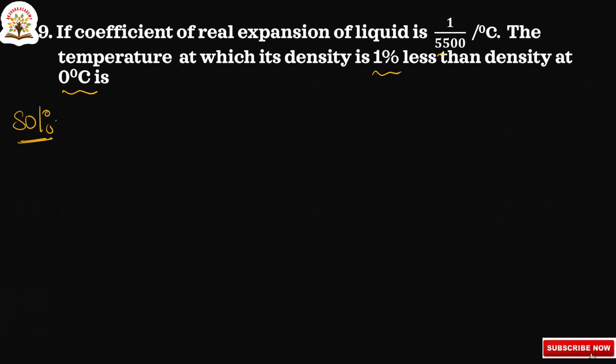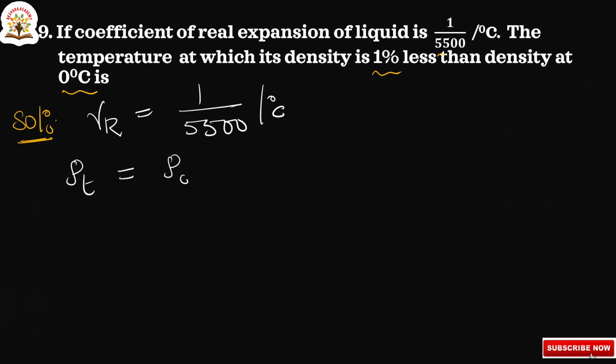Here they have given gamma R equals 1 by 5500 per degree centigrade, and the density at T degree centigrade equals rho naught minus 1% of rho naught.